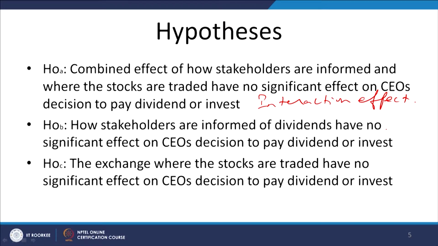This is the main effect of the first factor, which is the way the information about the dividends is told to the stockholders. Third, the exchange where the stocks are traded also has no significant effect. So, this is again the main effect for the trading of the stocks. This is main effect B, and that was main effect A.